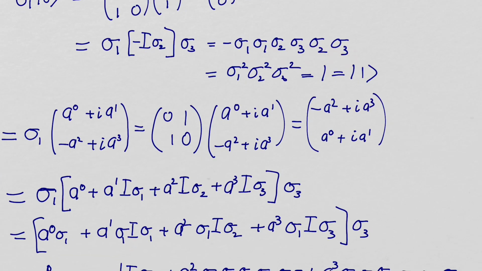Now, this is probably where I'm making things harder for myself than I should. This is sigma 1, this is minus sigma 1 i sigma 2 sigma 3, and I know that i commutes with all of these relative vectors. So this is minus i sigma 1 sigma 2 sigma 3, and sigma 1 sigma 2 sigma 3 actually is i.